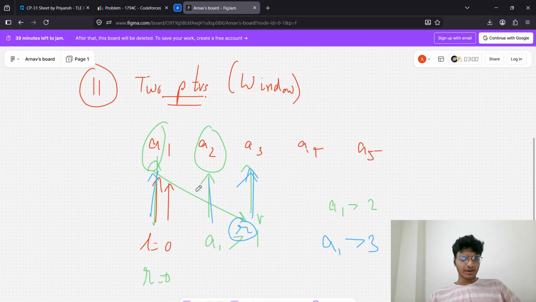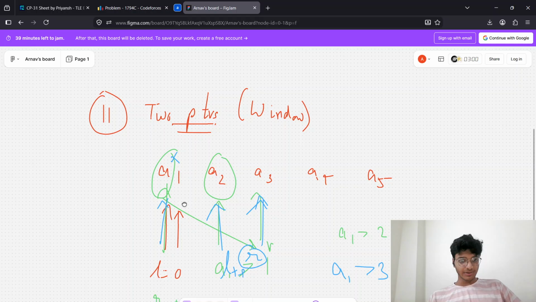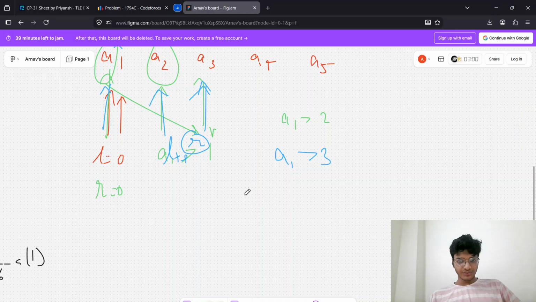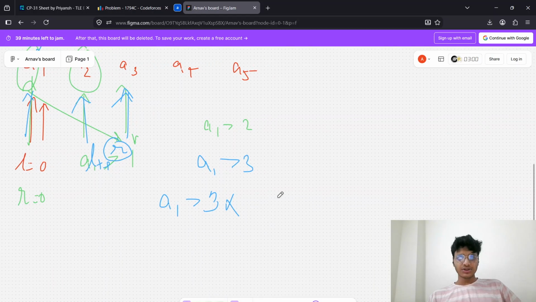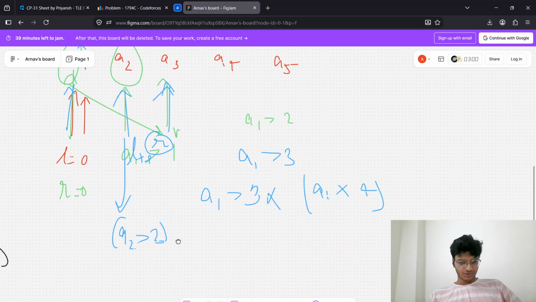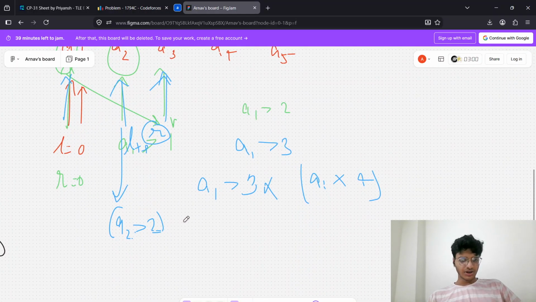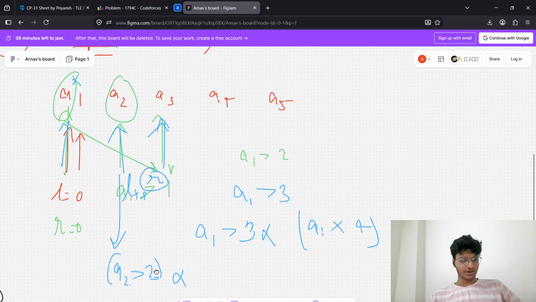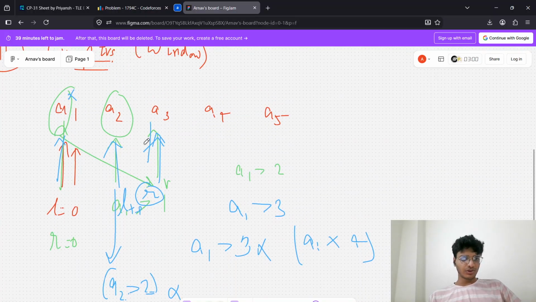So we will move our L plus plus to A2, since A1 can now never give our answer, because if A1 is not greater than 3, it will also not be greater than 4. Now we will check is A2 greater than 2, that is its index. We found that it's also not greater, so we will move to A3.